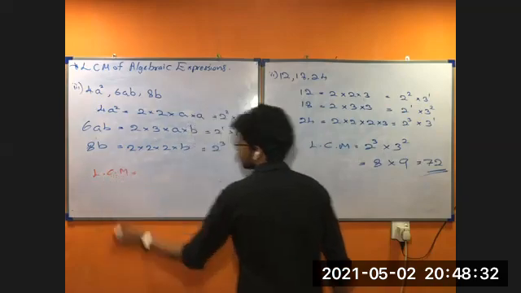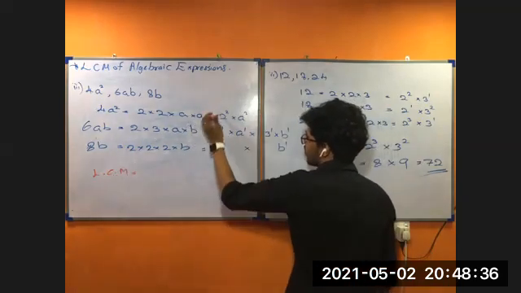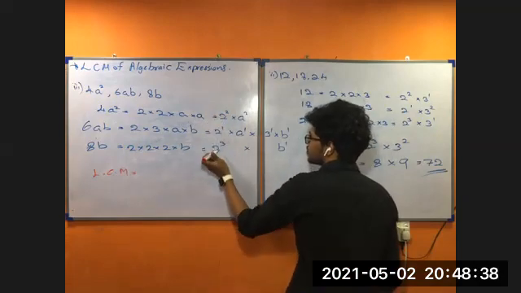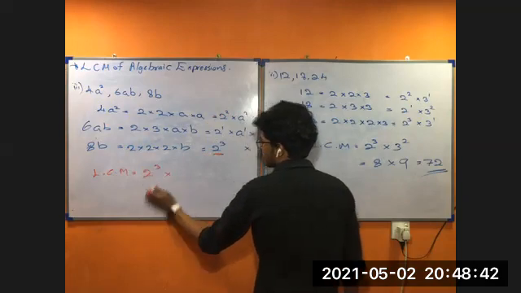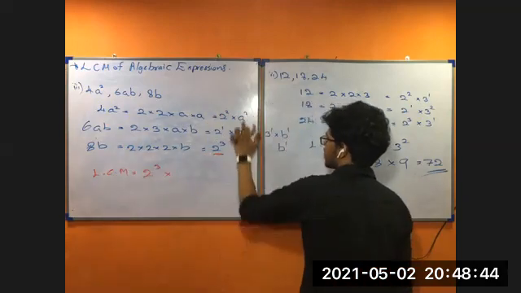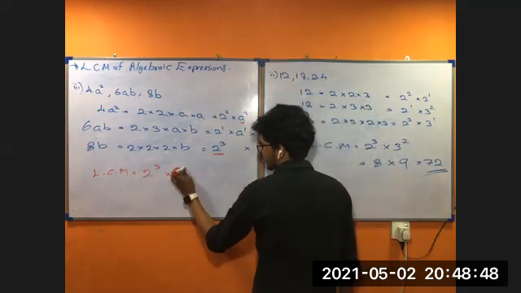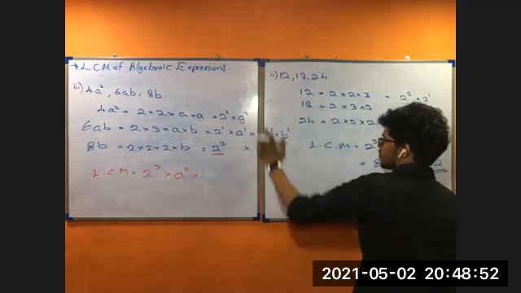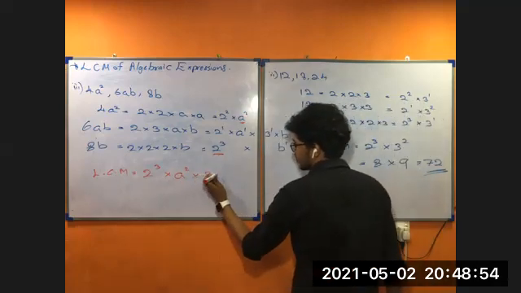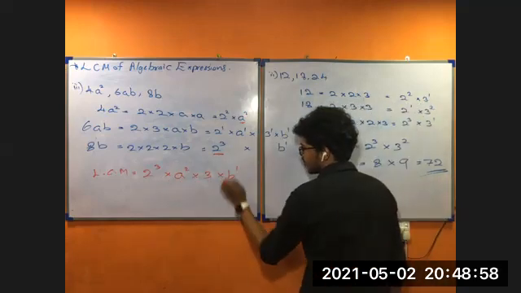LCM is going to be what? The highest power of 2 is 2 to the power 3, right? So I'm going to take 2 to the power 3 multiplied by a. The highest power of a is a squared, so I'm going to select this, a squared, multiplied by the highest power of 3, which is 3, multiplied by the highest power of b, which is b to the power 1.